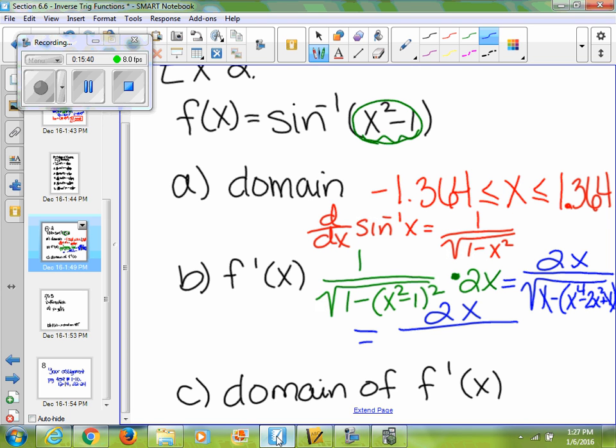So I'm left with negative x to the 4th plus 2x squared on the bottom. And then I can cancel out an x from each of these things, so I'm left with 2 over negative x cubed plus 2x. That's it.